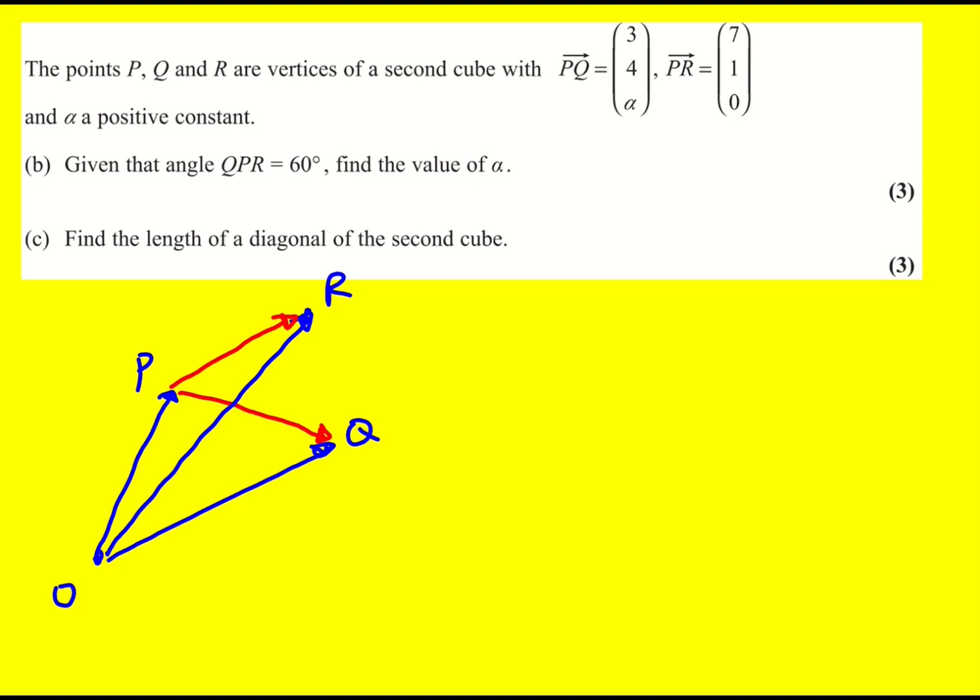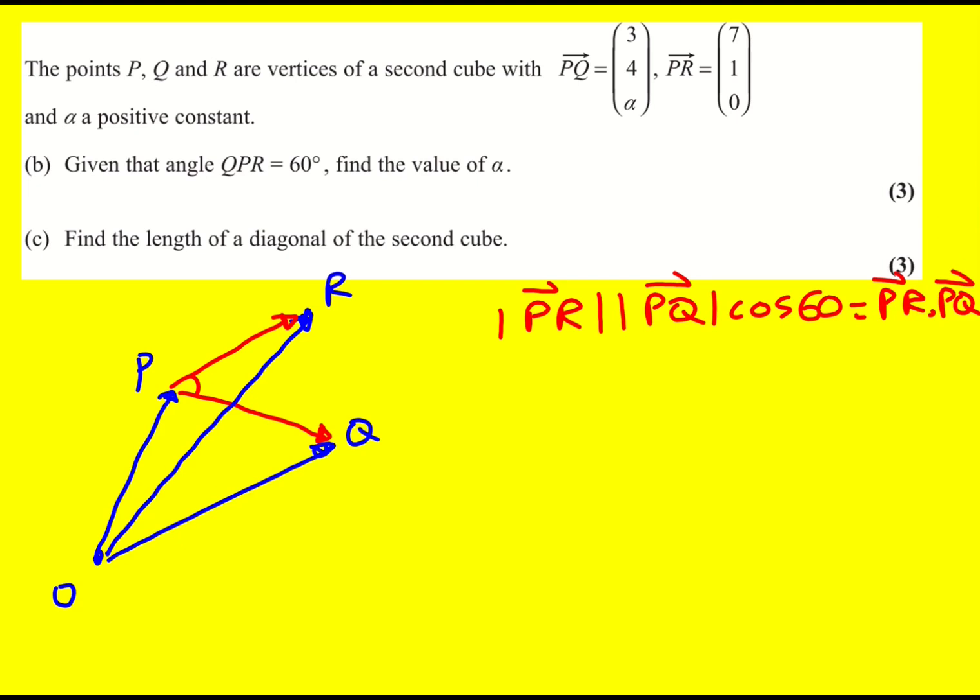So what we can do here is look at the scalar or dot product. PR times PQ times cos of the angle in between them, so cos 60, will equal the dot product between the two vectors.